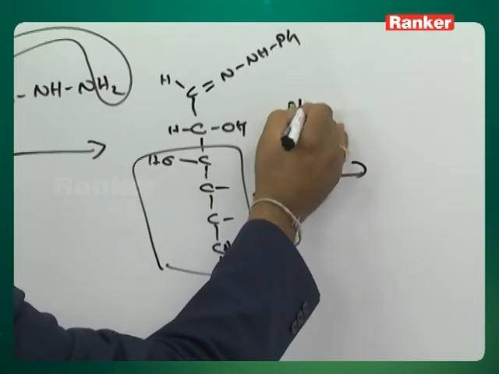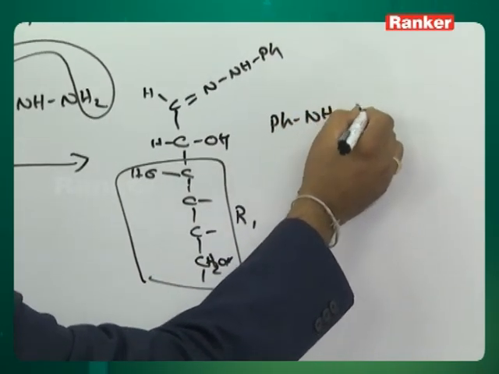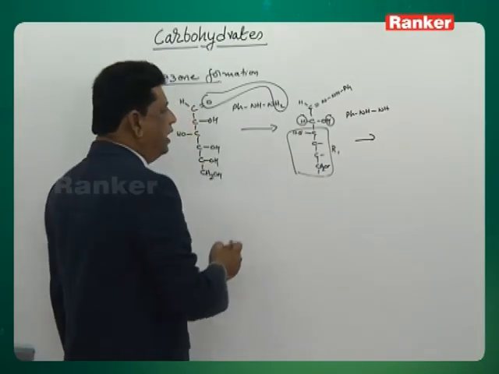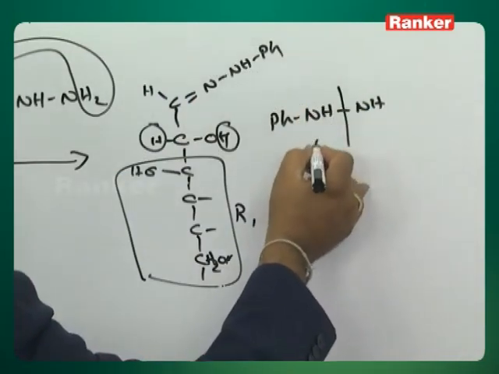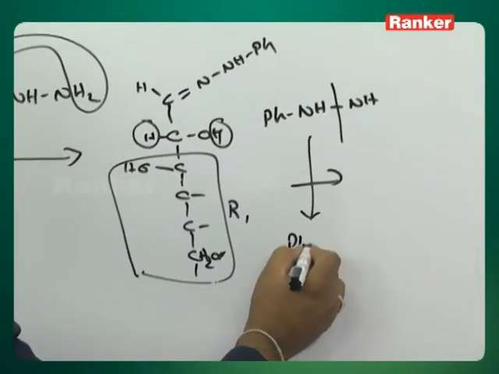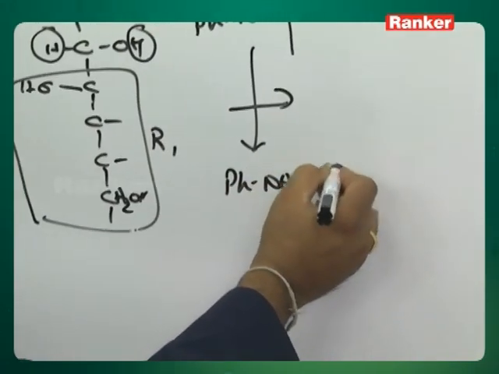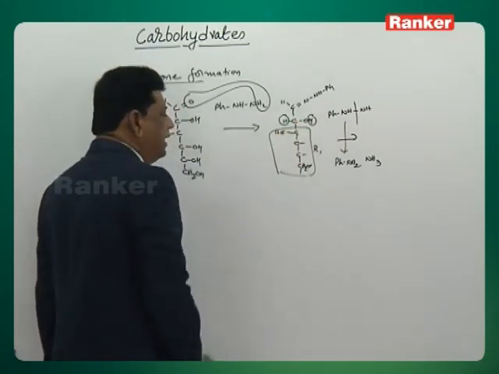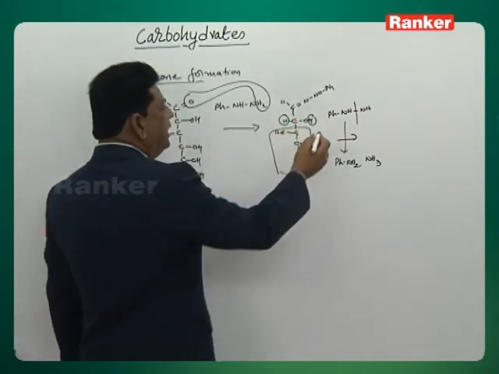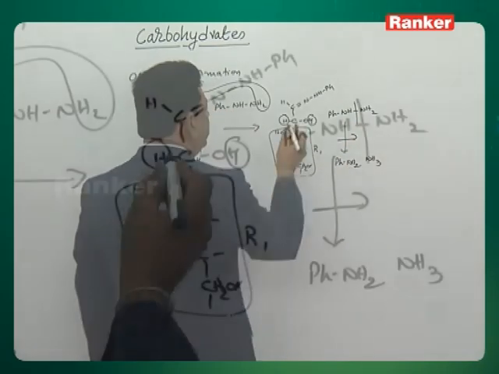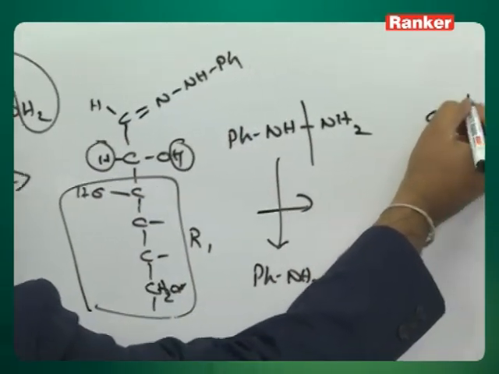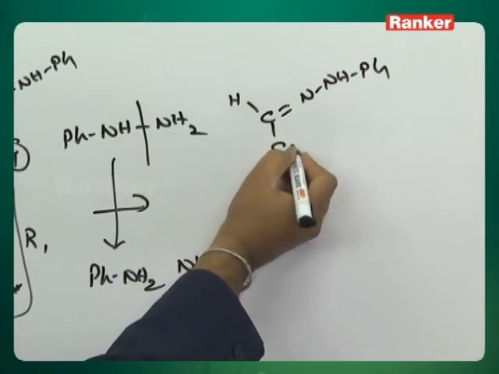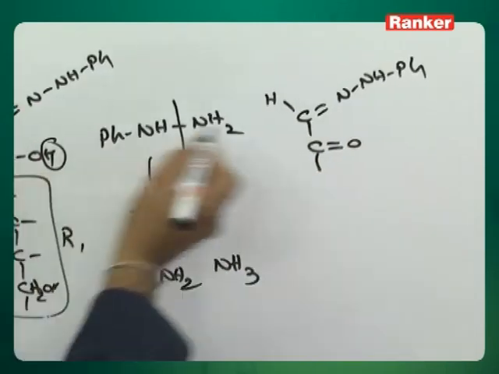It consumes one more phenylhydrazine, and from here one hydrogen is removed and added here, so that one compound becomes aniline and one becomes ammonia. So two pieces are formed. That is, the carbohydrate undergoes oxidation, and the reagent phenylhydrazine undergoes reduction. So here already one hydrogen is there, and the second carbon now becomes the ketone, which is an oxidation reaction.